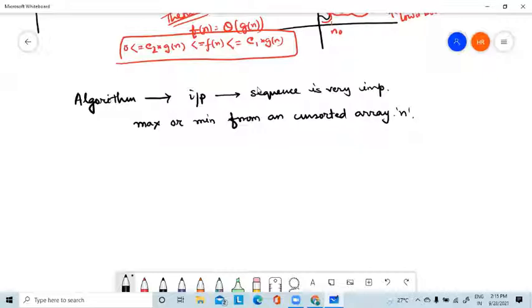If it is unsorted, then it is very difficult to say that we can perform the operation within less than n comparisons. If there are n elements in an array, how will we perform this operation, max or min?